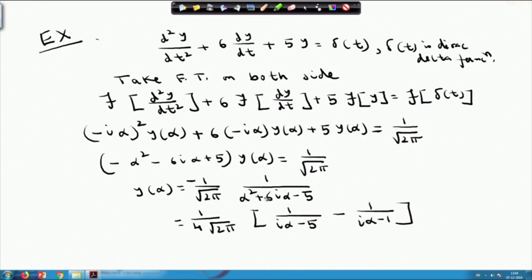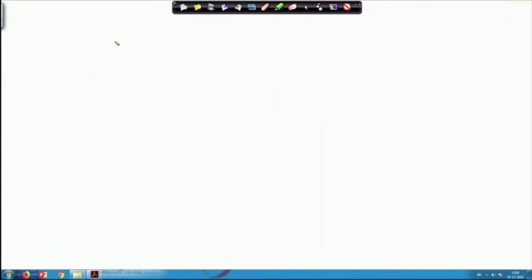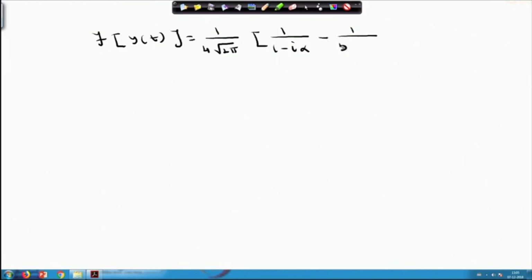Therefore, you can write the Fourier transform of y of t equals 1 by 4 into root over 2 by pi into 1 by 1 minus i alpha minus 1 by 5 minus i alpha. Once I obtain this, I can obtain y of t by taking the inverse Fourier transform.